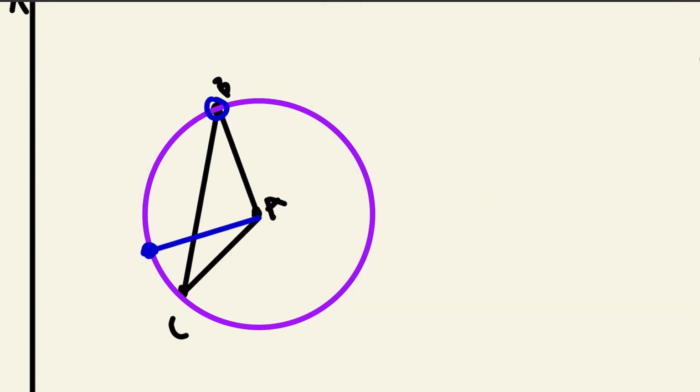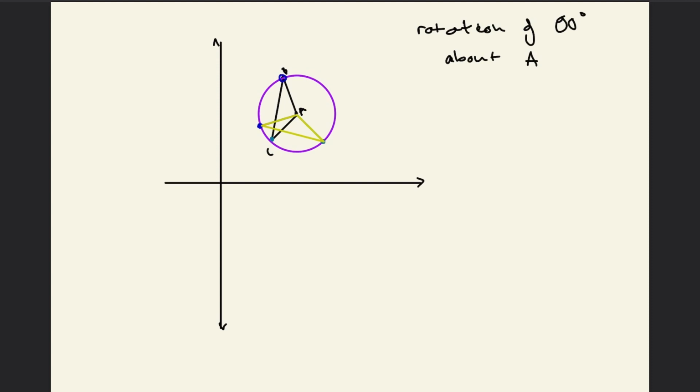And then for our second point, C. So 90 degrees for C, I would say, is somewhere like this. So our triangle, and I'm going to use a really bright color, would end up looking something like this yellow one here. And that's how you use the circle. If your points were not lying on the same circumference, then you will have to draw multiple circles.